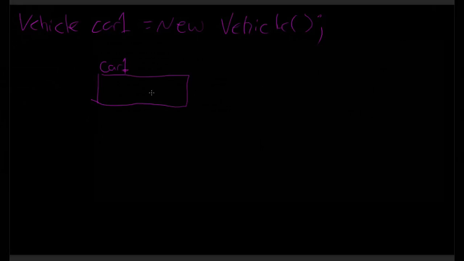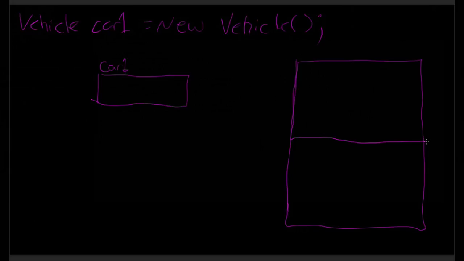Then in actual memory, because this is an object, it's more complex than simply saying car 1 MPG equals this. It's not like an integer, where this is actually a value and that's the end of the story. What this is actually doing is going over to another chunk of memory where it has more space, and it says, okay, car 1 is going to take up this chunk of space.